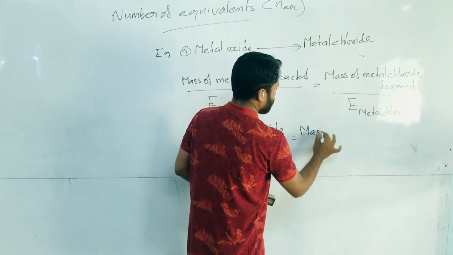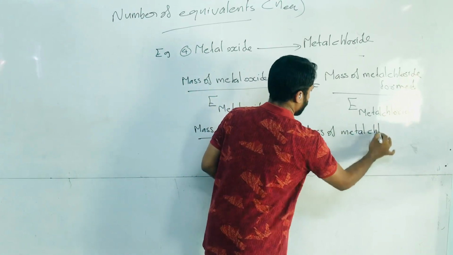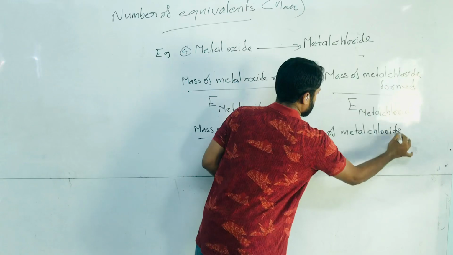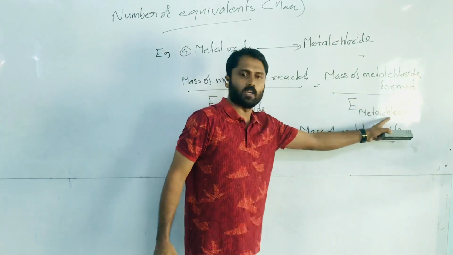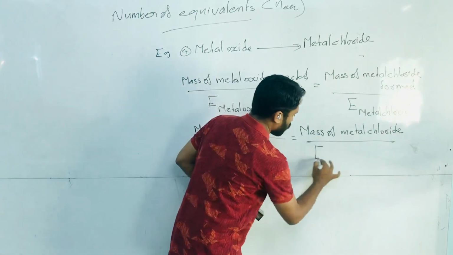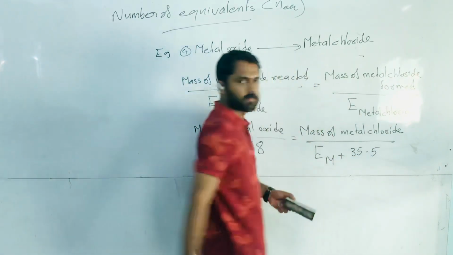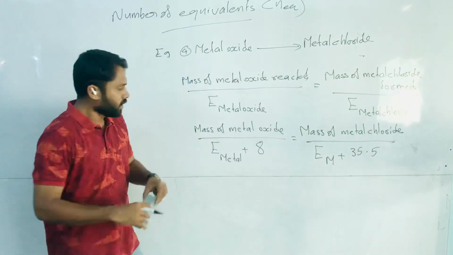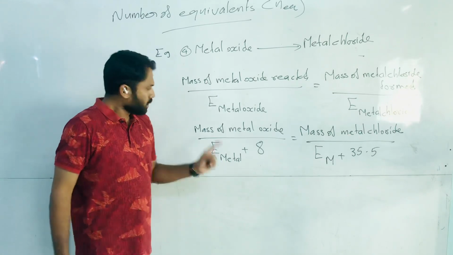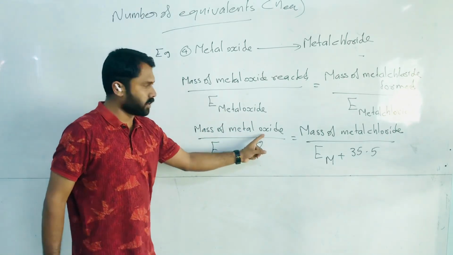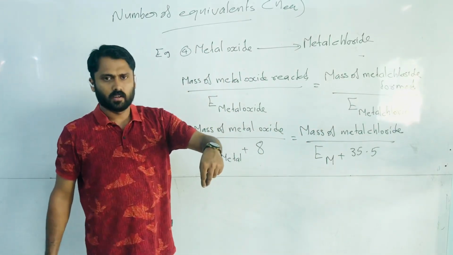Here, mass of metal chloride formed divided by equivalent mass of metal plus equivalent mass of chloride, that is equivalent mass of metal plus 35.5. By using this equation, we can calculate the equivalent mass of the unknown metal. Mass of metal oxide reacted and mass of metal chloride formed will be given in the question.